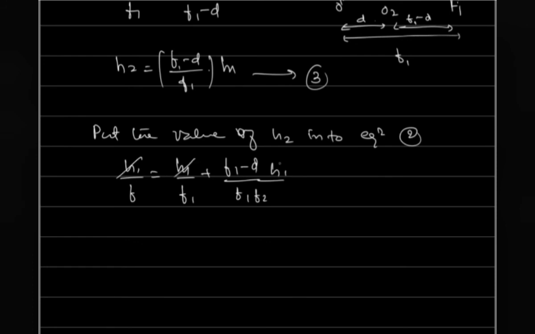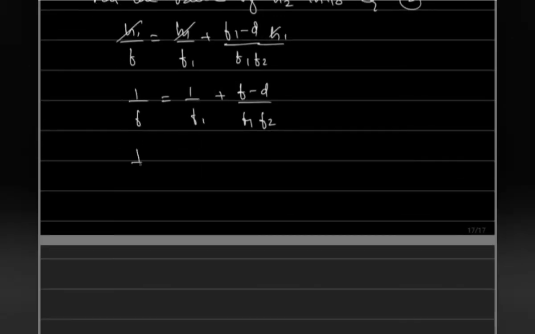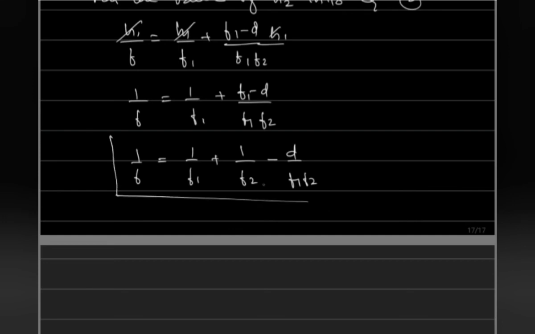Now h1 gets cancelled. What remains here? 1 divided by f equals 1 divided by f1 plus f1 minus d divided by f1 into f2. Simplify the equation here. 1 divided by f equals 1 divided by f1 plus 1 divided by f2 minus d divided by f1 into f2.